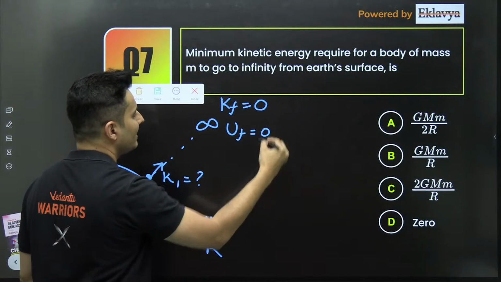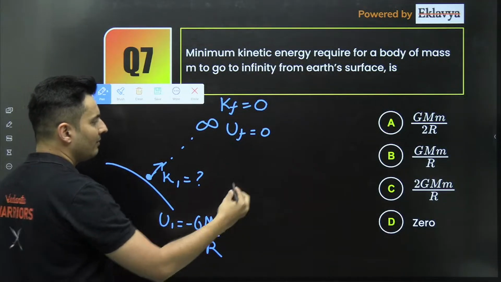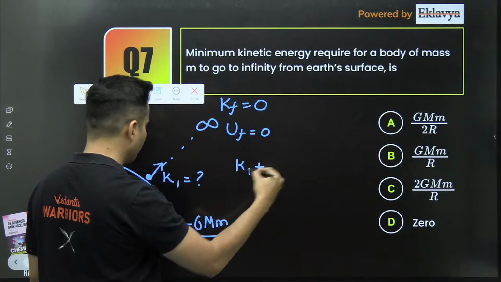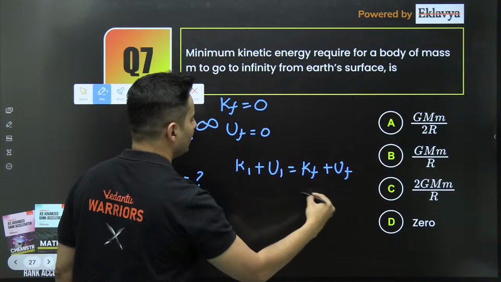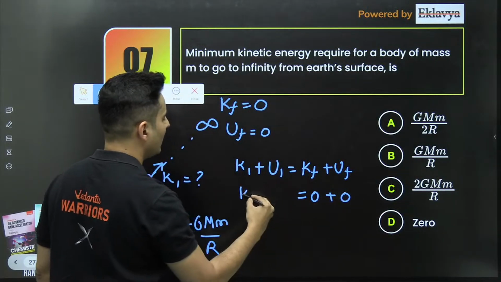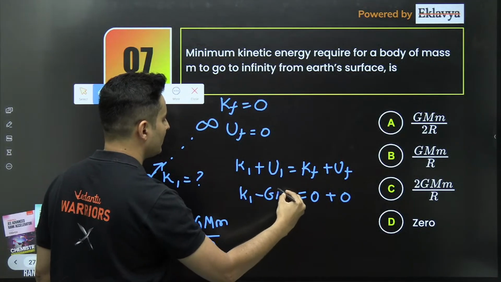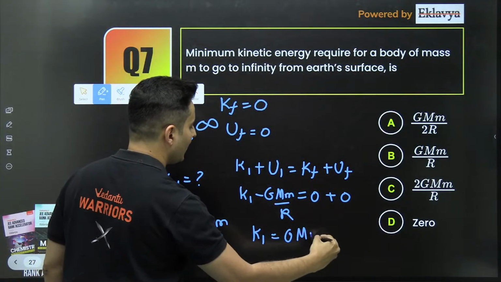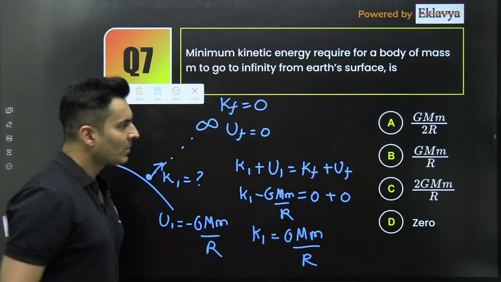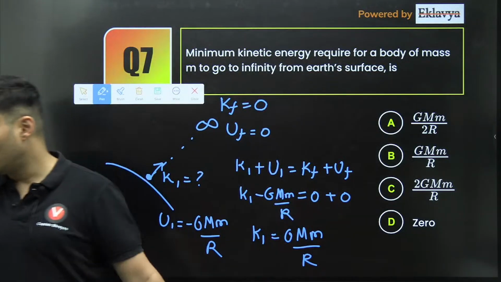Potential energy will also be 0. So we can just use the conservation of energy principle. K1 plus U1 is equal to Kf plus Uf. This is 0. This is also 0. K1 I don't know. U1 is nothing but minus GMm divided by R. So K1 will be basically GMm divided by R. So GMm divided by R is option B.